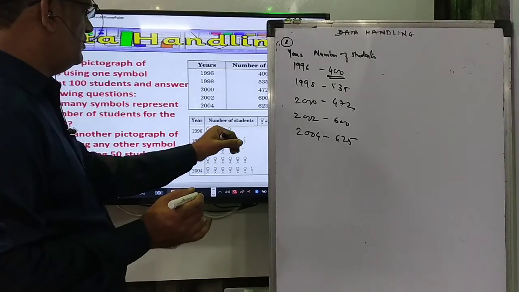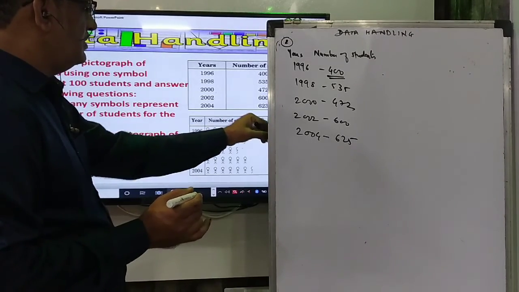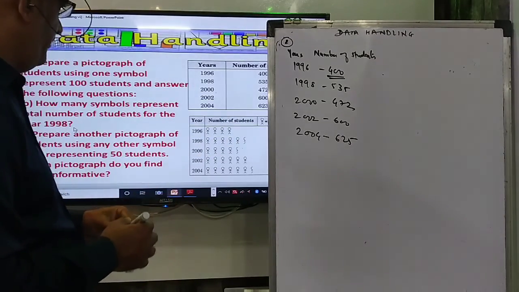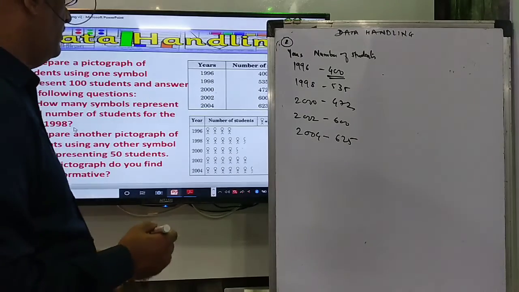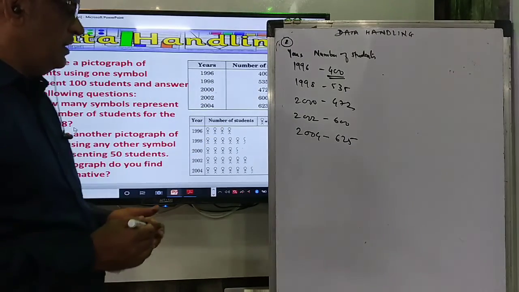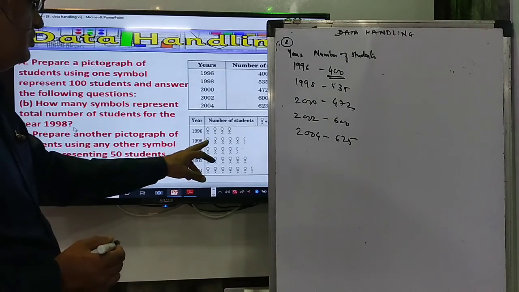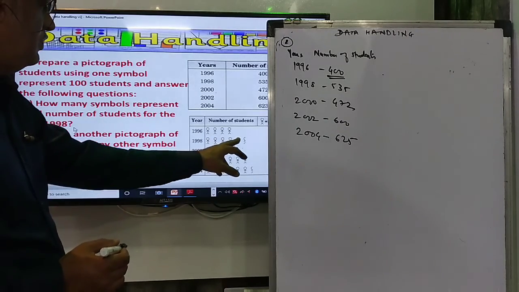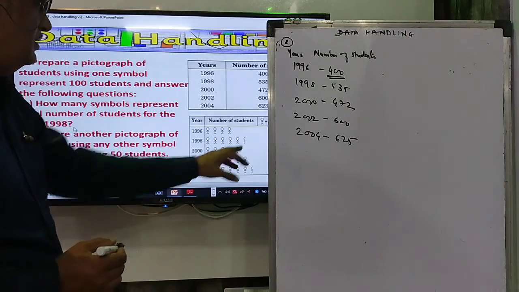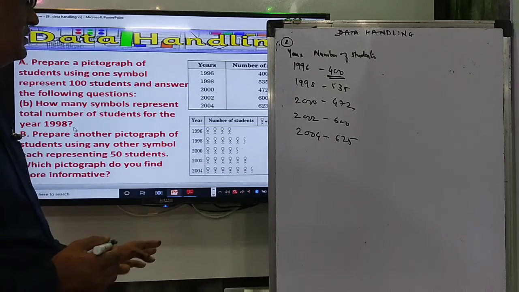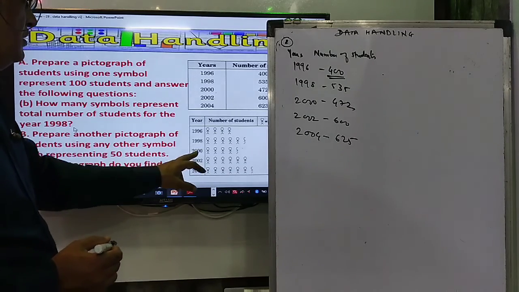So these 4 symbols mean 400. Now this is 535. Actually 35 is not 50 but nearer to 50, so we have used 1, 2, 3, 4, 5 complete symbols and a half symbol. It is not exactly 35 but it is near about 50.